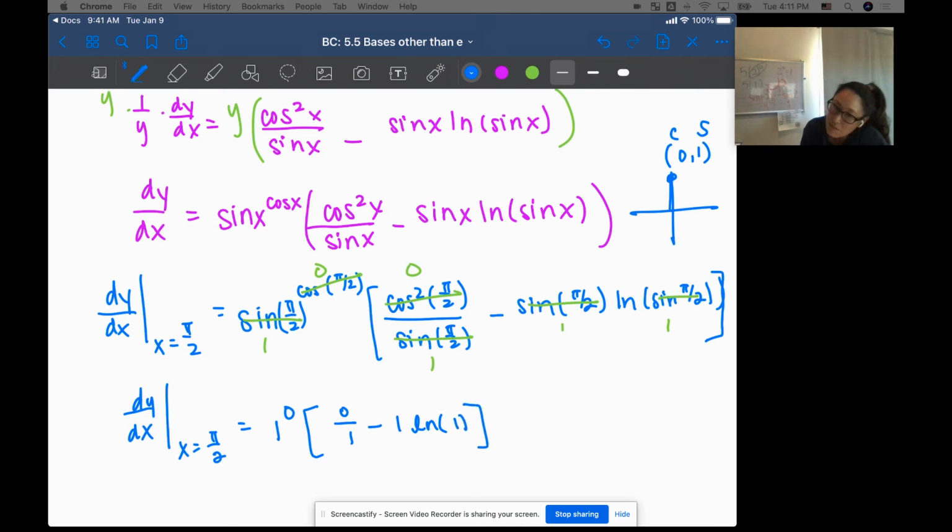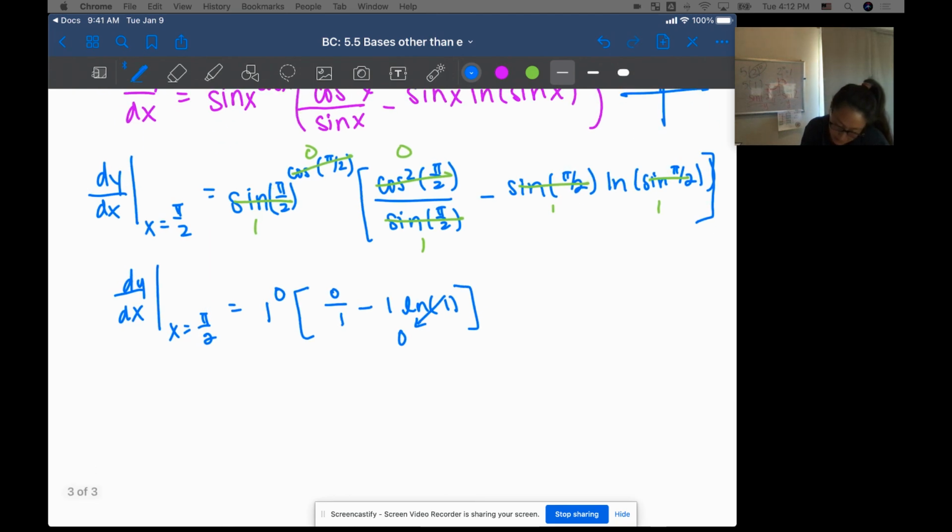And the ln of 1 is equal to 0, right? So I get a big fat 0. Since 0 minus 0 gives me 0, anything times 0 is 0, this is going to equal 0.